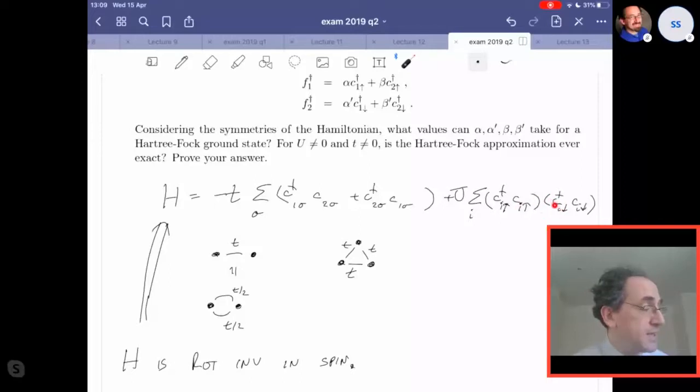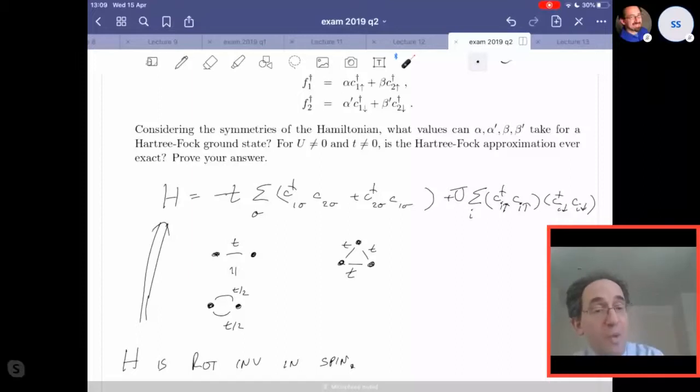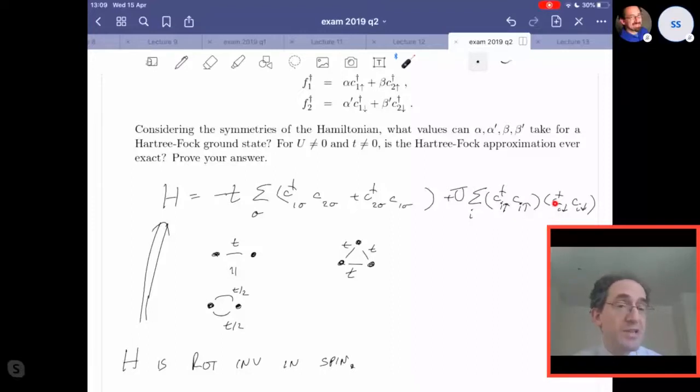It gives you an energy u whenever there's two fermions on the site. And it doesn't matter if you describe the two fermions on the site as a spin up fermion and a spin down fermion on the same site, or an X plus fermion and an X minus fermion, or a Y plus fermion and a Y minus fermion, or any axis you want. This Hubbard interaction term is completely rotationally invariant.